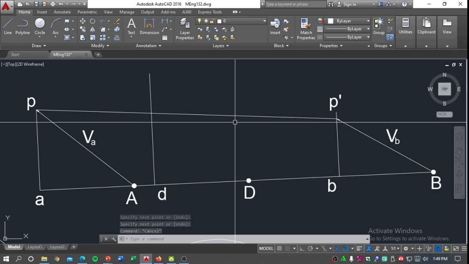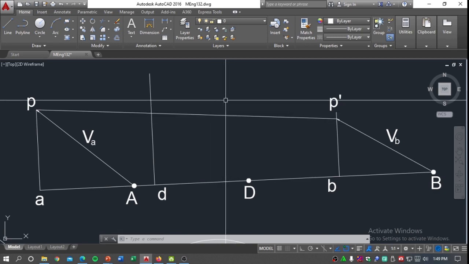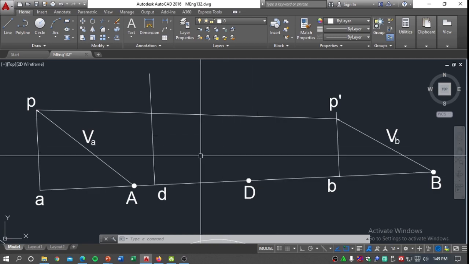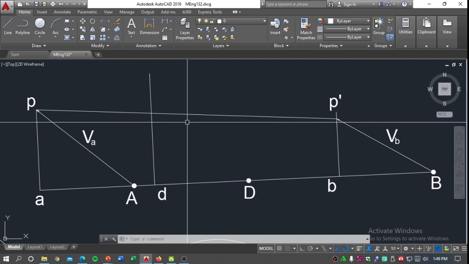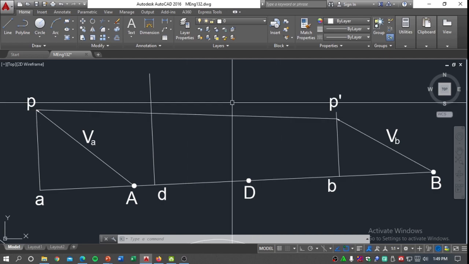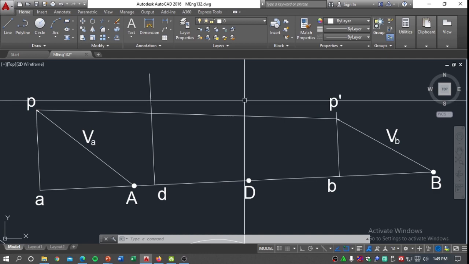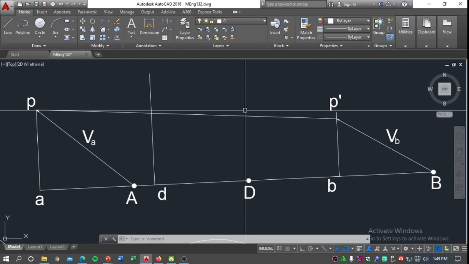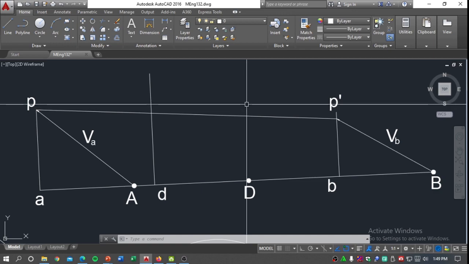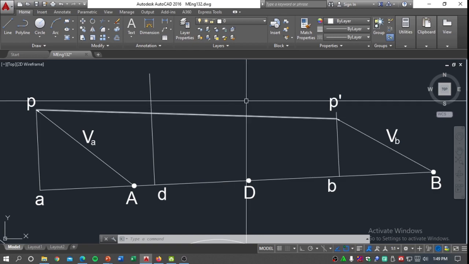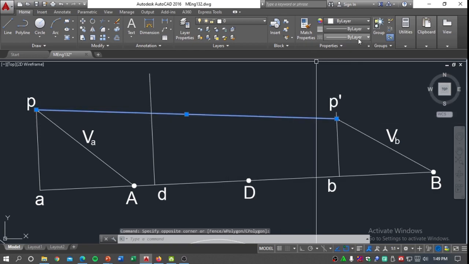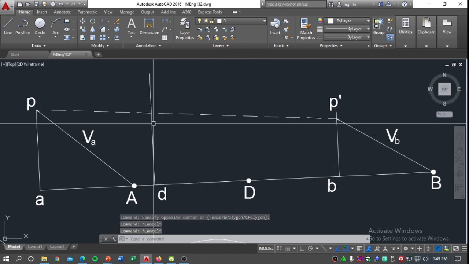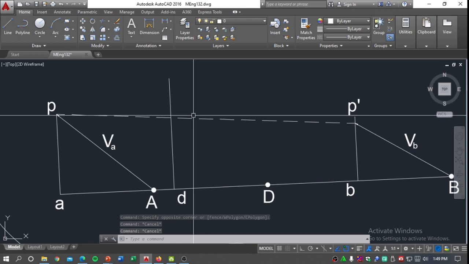If you remember, this is what we did with the previous example, in order to get the velocity component for another point that's collinear with the two known points, or the two known velocities collinear with the unknown one. So we have to assign this as a dashed line.